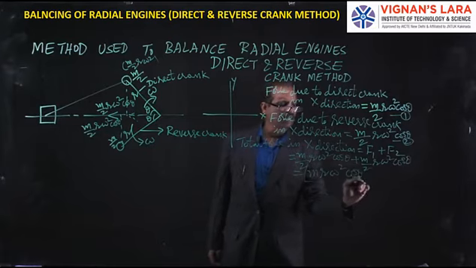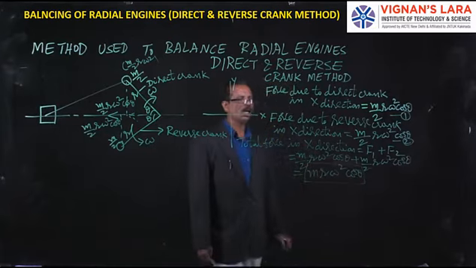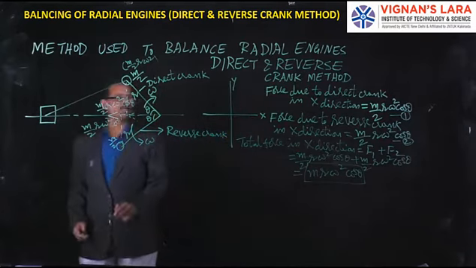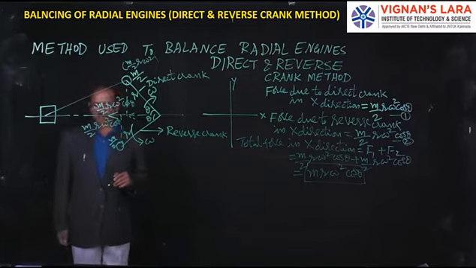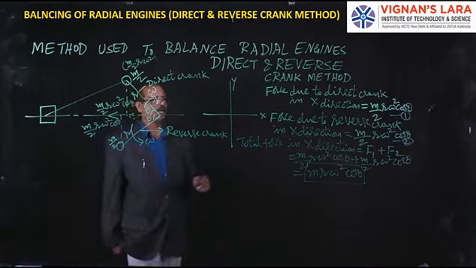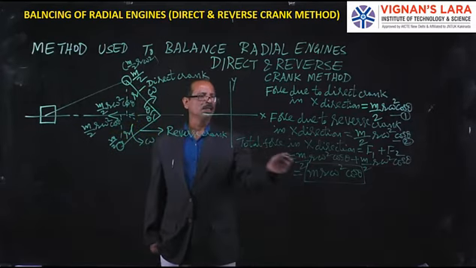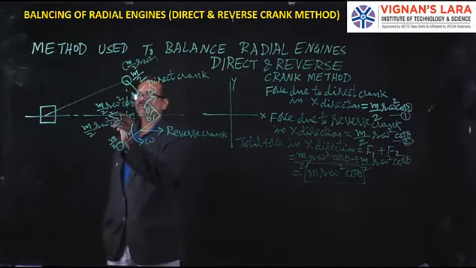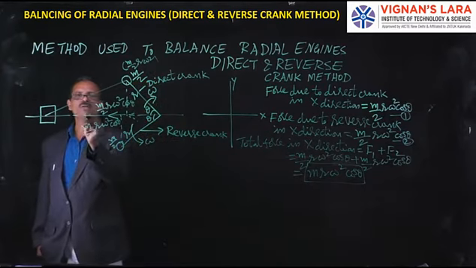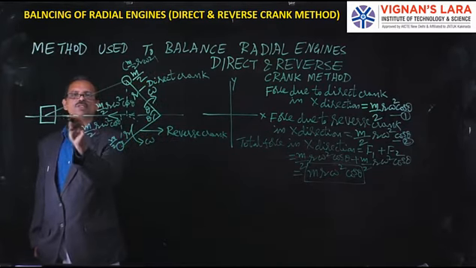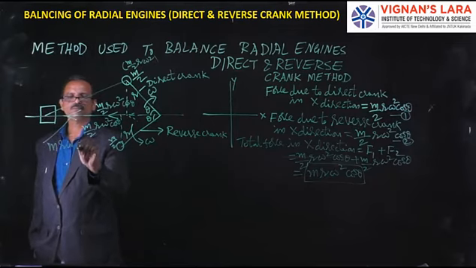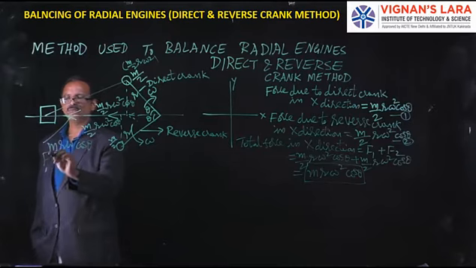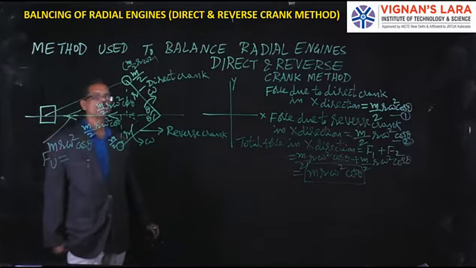Recall our first introductory class on reciprocating masses: the primary unbalance is m r omega square cos theta. So I got the same thing in the x direction, which we saw in the very beginning lecture. We call it F unbalance.